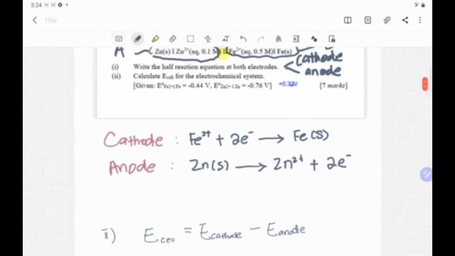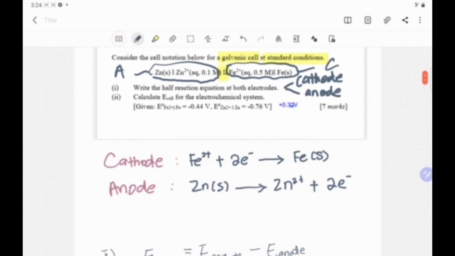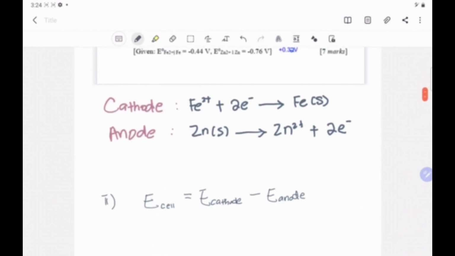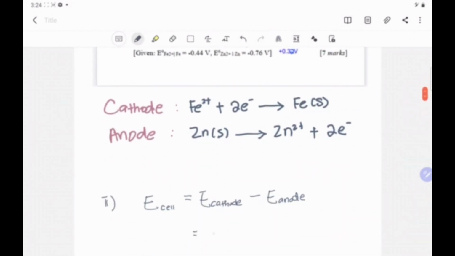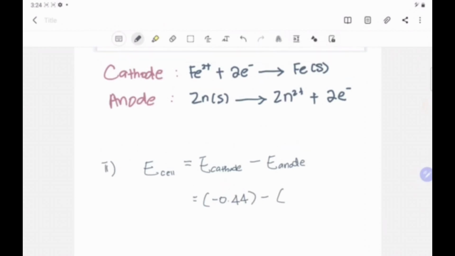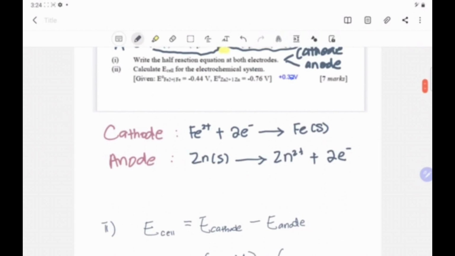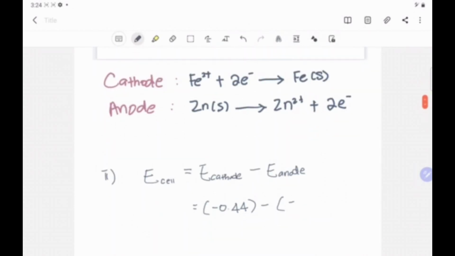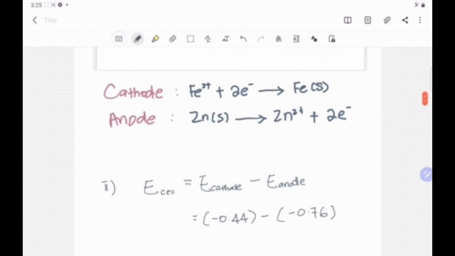We know that the cathode is Fe, the ferrum, so we need to put this, and we must include the sign as well. Minus E for the anode. The anode is zinc, so it's negative 0.76.